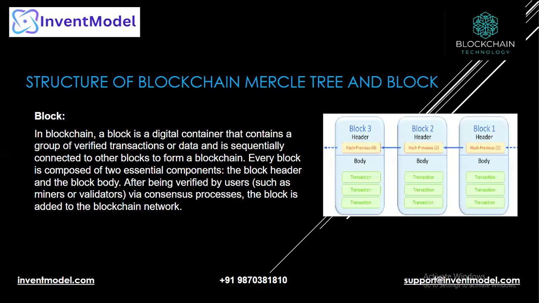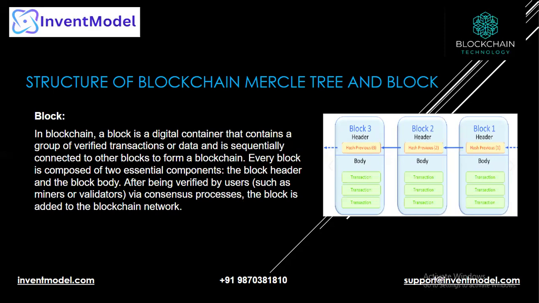Now we move to the block. As we previously studied, a block is a digital container that contains a group of verified transactions or data, sequentially connected to each other to form a blockchain. Every block is composed of two essential components, the block header and the block body.